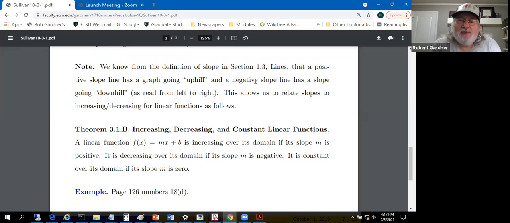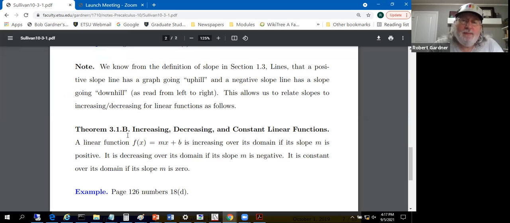So this allows us to discuss uphill and downhill, or increasing and decreasing, in terms of slopes for linear functions. In Calculus 1, you'll have a way to talk about increasing and decreasingness in terms of something else, and it will apply to more sophisticated functions than just linear functions.